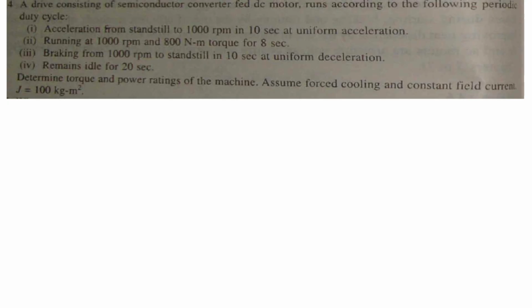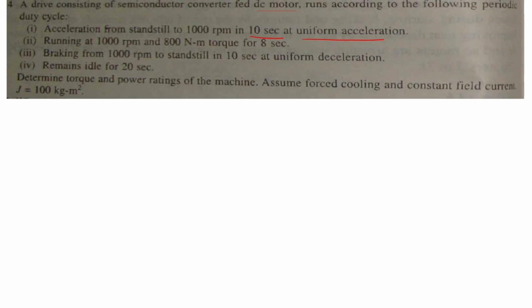It says that a drive consisting of a semiconductor fed DC motor, so it's a question of a DC motor, runs according to the following periodic duty cycle. In the first 10 seconds, it is in uniform acceleration and the speed increases from 0 to 1000 rpm.